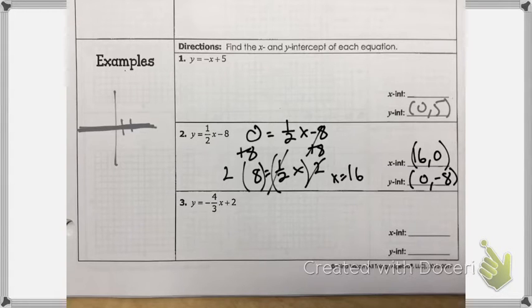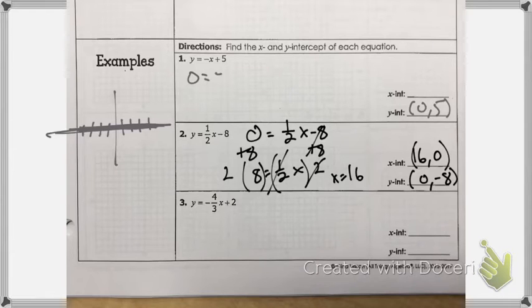Well, x could be like 1, 2, 3, 4. X could be a lot of things. If I'm not up or down, what value is 0? Which one tells me up or down, x or y? Y. So y would have to be 0 because I'm not up or down at all, right? So the x-intercept where it crosses my x-axis is when y is 0.